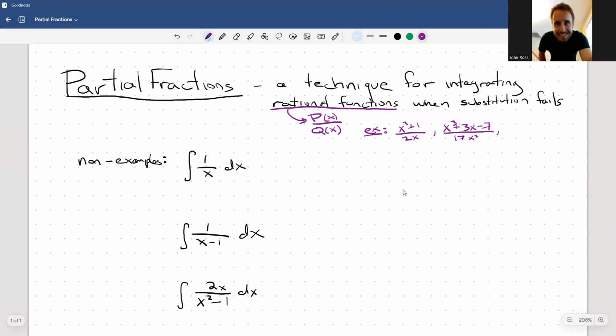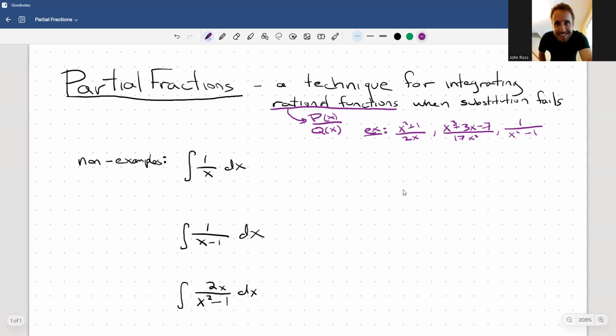And one more: 1 divided by x squared minus 1. Here the denominator, x squared minus 1, is a polynomial, and the numerator, just the constant 1, is technically a polynomial too. We're thinking of it as a degree 0 polynomial. So all three of these are examples of rational functions.